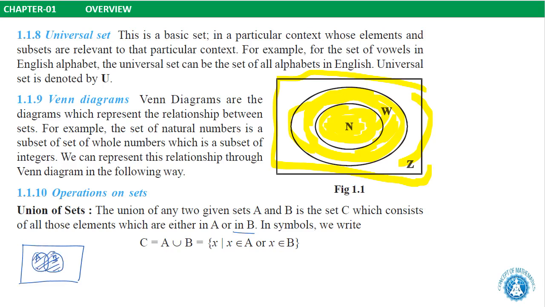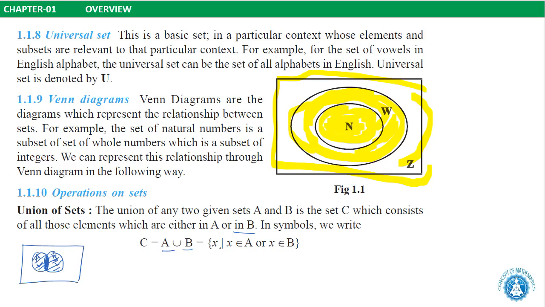So the elements in A union B will be either purely in A, or their intersection, or in B. The intersection of A and B is the common element of set A and B. In symbol we write C equals A union B.